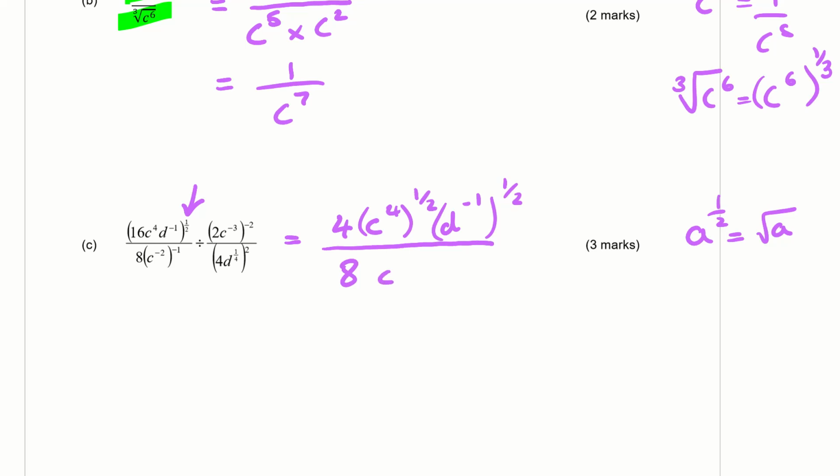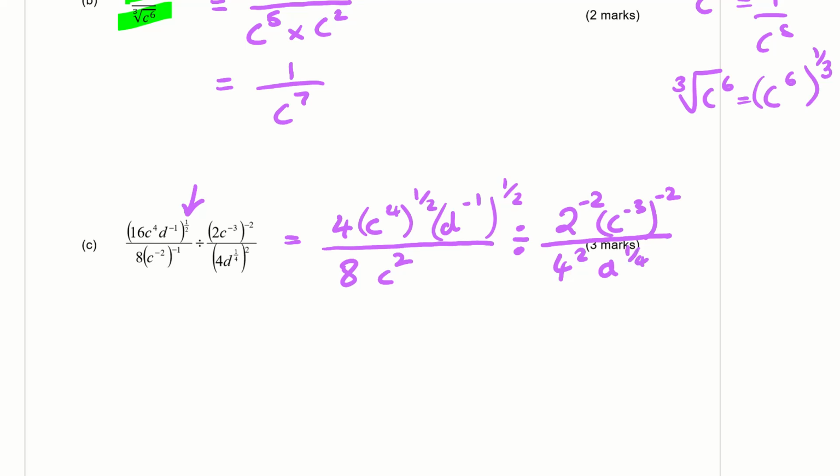And then you've got c to the 2 times negative 1, negative 2 times negative 1. So 8c squared. And we're dividing that by 2 to the negative 2, c to the negative 3 to the negative 2. And the bottom of that one is going to be 4 squared, d to the quarter squared.